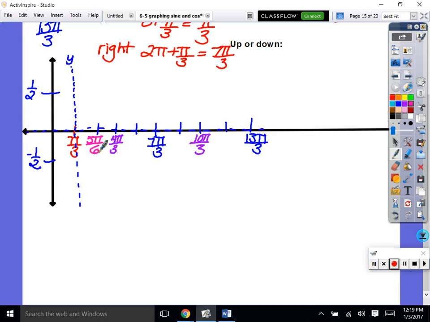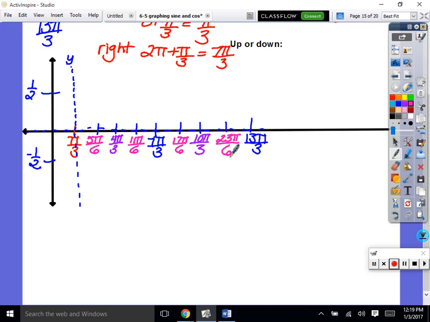Now do the same thing here: 7 plus 4 is 11 thirds divided by 2, so 11 pi 6. And then this one is 17 pi 6. And then 13 plus 10 thirds, 23 pi thirds divided by 2, so 23 pi 6, right?